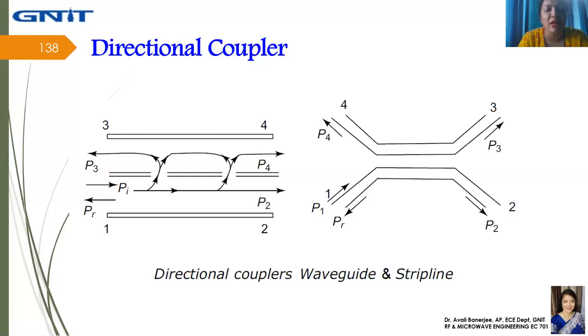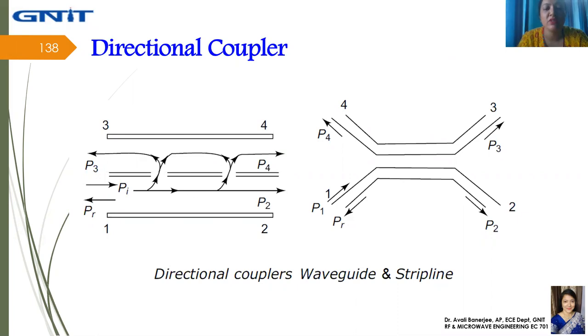Now the waveguide couplers are forward couplers since the coupled power in the ancillary guide flows in the same direction as the input power in the main guide. Whereas the coaxial, strip and microstrip couplers are backward couplers because the coupled energy travels in the opposite direction of the input energy flow.